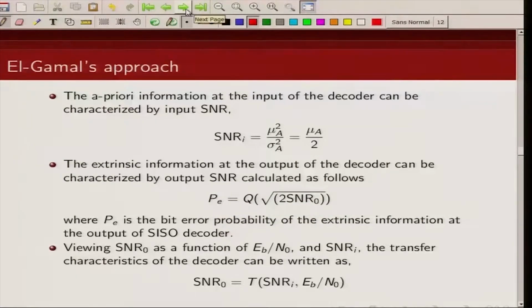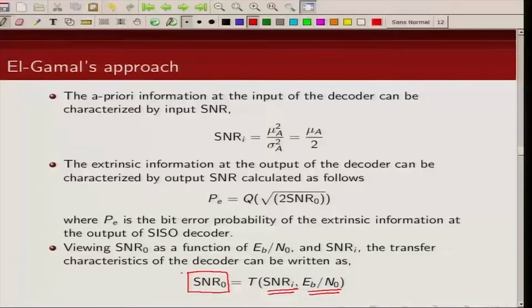Now, what we can do is write this output SNR in terms of input SNR and our operating signal to noise ratio. So, we can view the output SNR of the extrinsic information as a function of the input SNR of the a priori information as well as the channel operating signal to noise ratio. This is crucial.